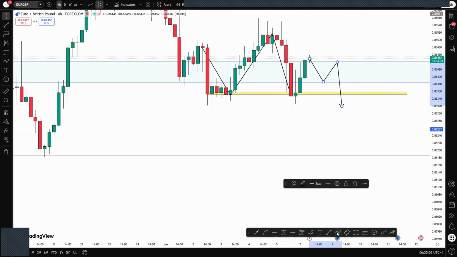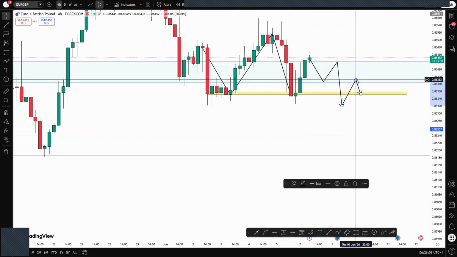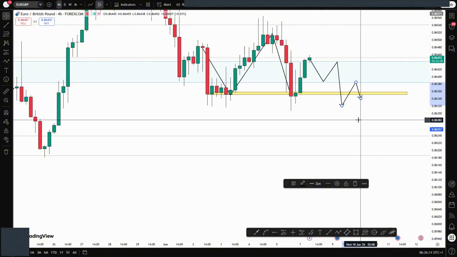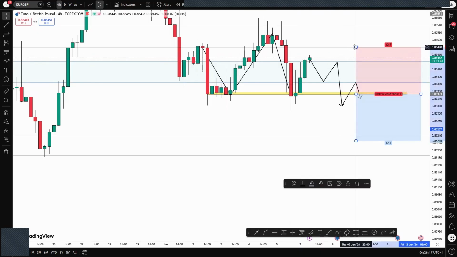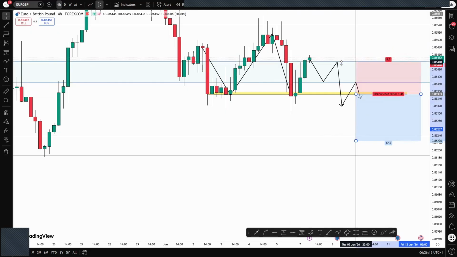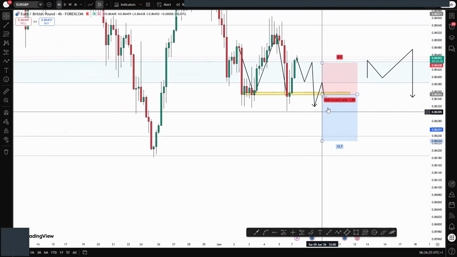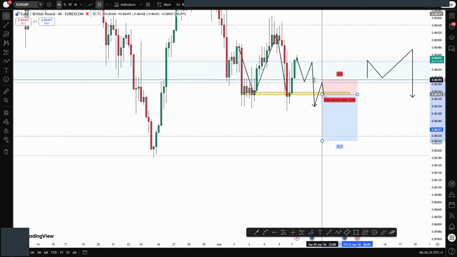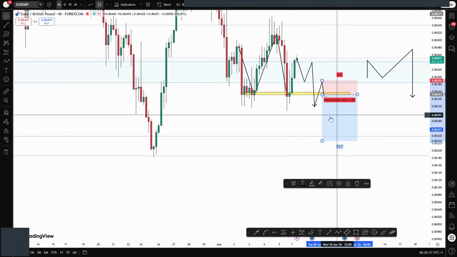We'll now just wait for price to come back here and then we'll sell, making us sell at least at the OG level, which is this point here. You see? Giving us at least something like that, because our exit point is this level here.